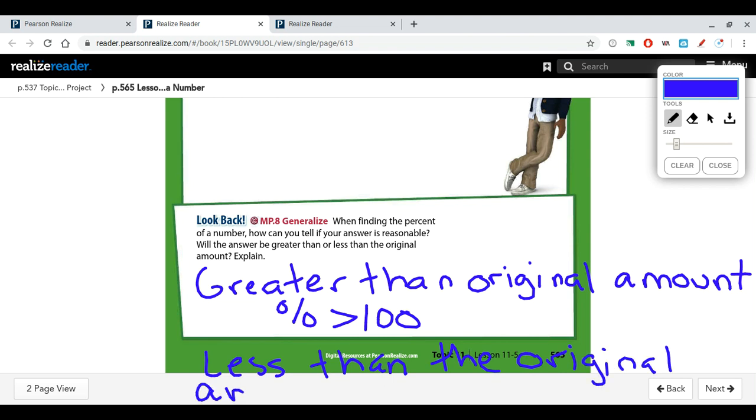It's going to be less than the original amount when the percent is less than 100. So that'll be a way that I can tell if my answer is going to be reasonable too without estimating: if my percent was greater than 100, then my answer should be greater than the original amount. If my percent was less than 100, then my answer should be less than the original amount.